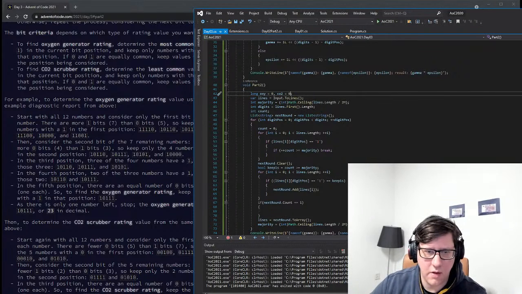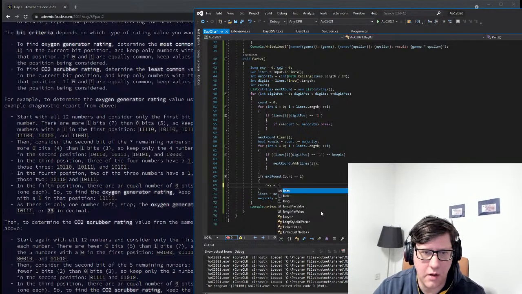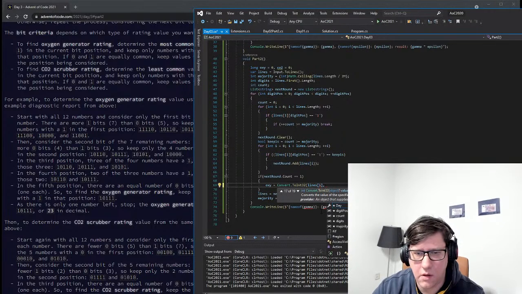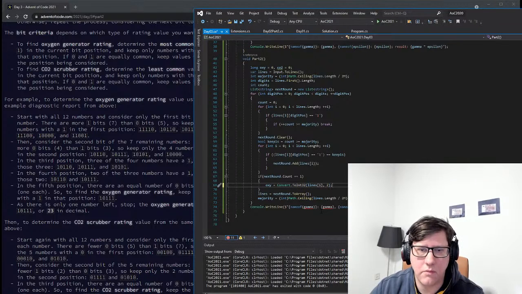CO2 is 1. So now we can say oxygen is, and this will actually be the lines I, convert to Int32. Actually, do we have a from base is 2, right? This will be just the next round, but sorry, next round, that first.